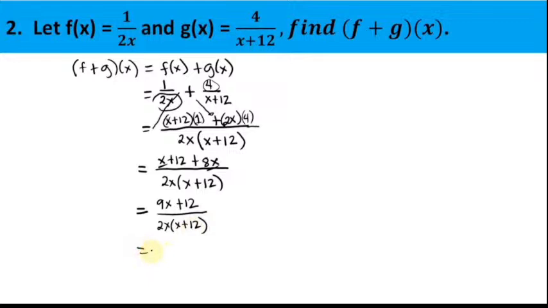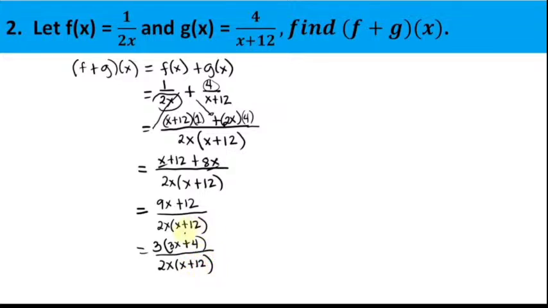Then tingnan natin yung numerator, 9x plus 12. Pwede pa ma-simplify. Ano bang common sa kanila? Ano bang pwede ma-divide sa 9x and 12? So that is, okay, very good. So that is 3. So 9x divide 3, so that is 3x, plus 12 divide by 3, so that is 4, over 2x times x plus 12.